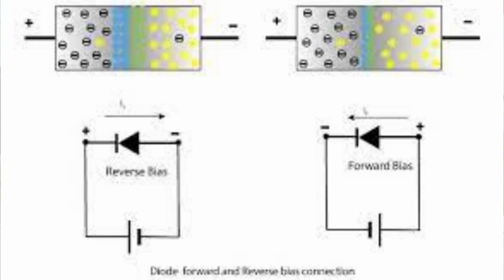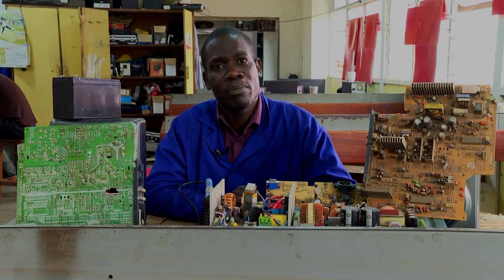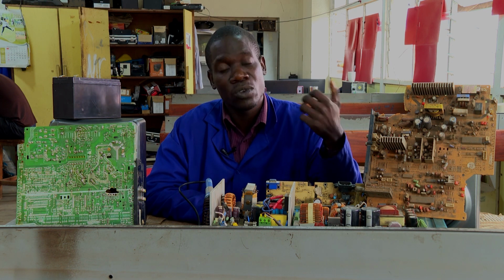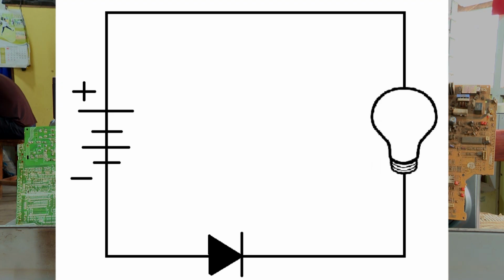For example, when you connect your battery and connect your diode, say you are using a bulb and you want your bulb to light very well, when you reverse your connection of your diode, or connect it improperly, your LED won't light. But when you connect your diodes very well in a circuit, your bulb will light very well.